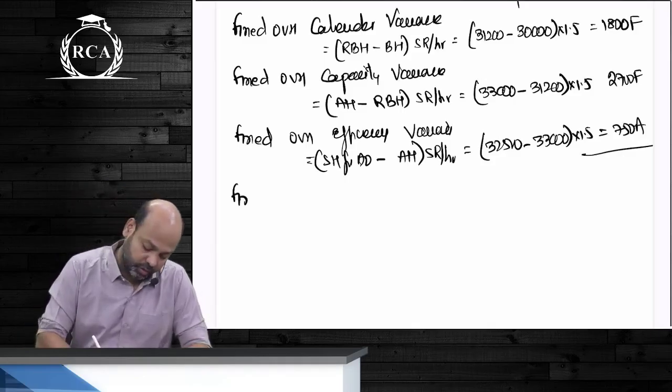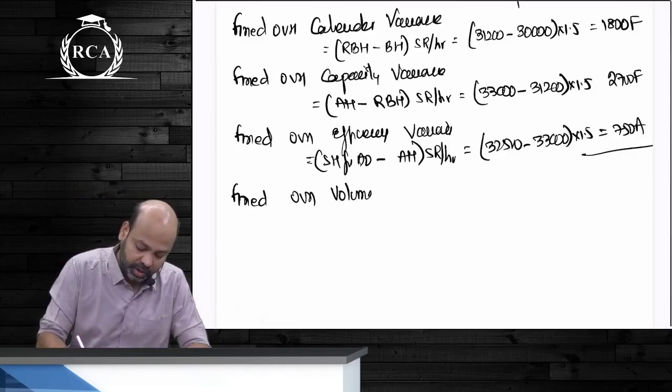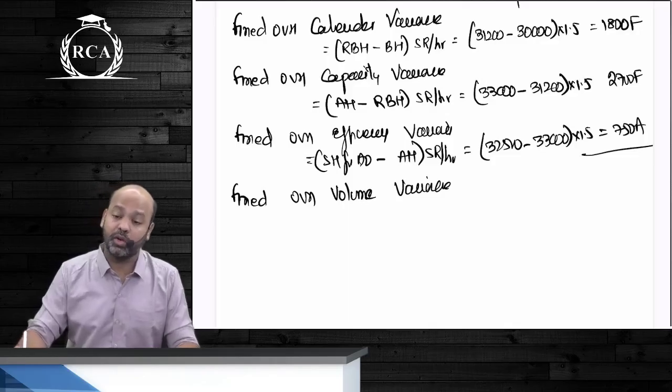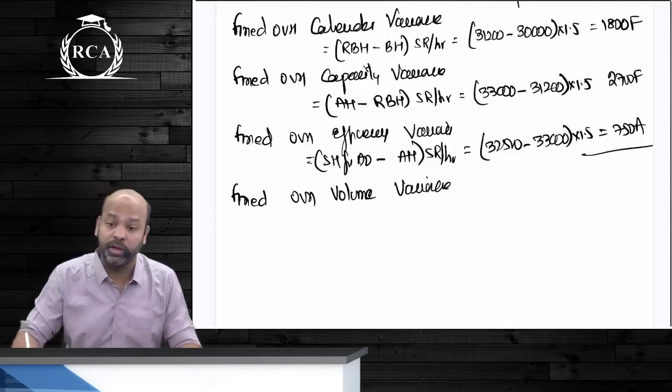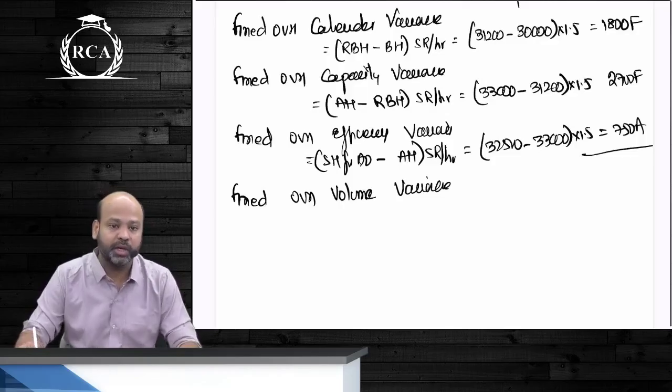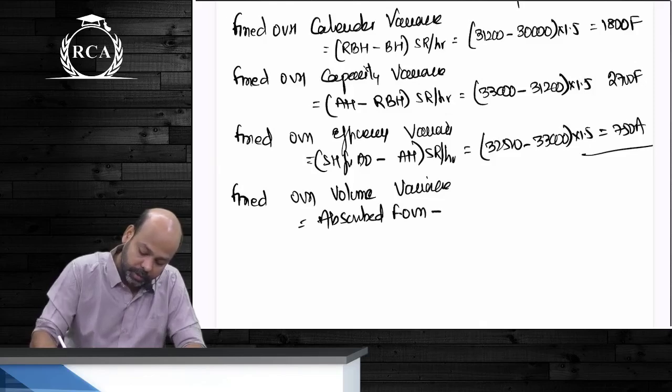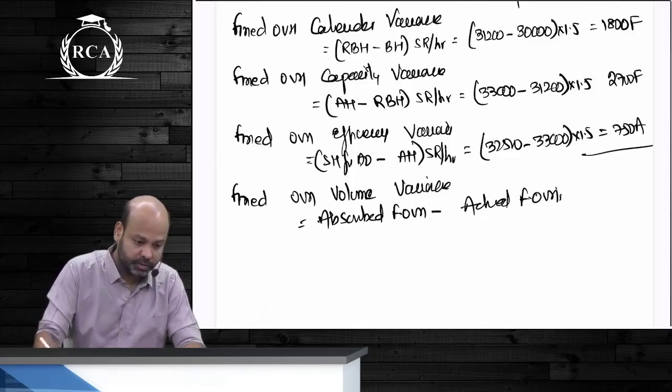Then, beta, fixed overhead volume variance. As per the budget, we were supposed to manufacture 30,000 units. We ended up manufacturing 32,500 units. Because you're manufacturing 2,500 units more, we will absorb more. That will be 2,500 into 1.5, 3,750. Absorbed fixed overheads minus actual fixed overheads.